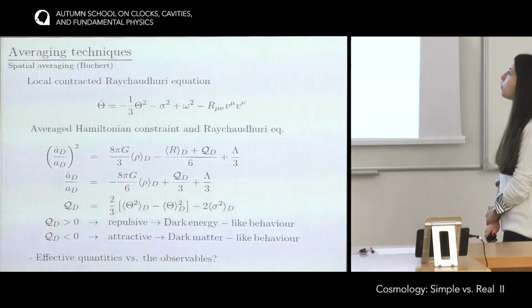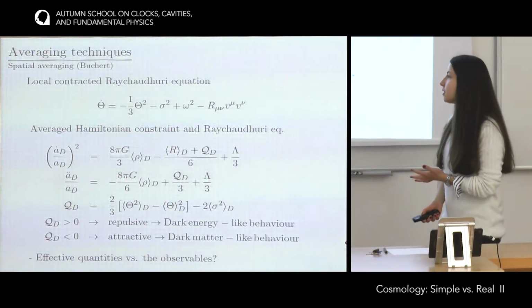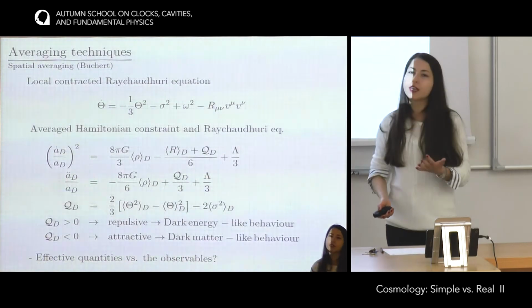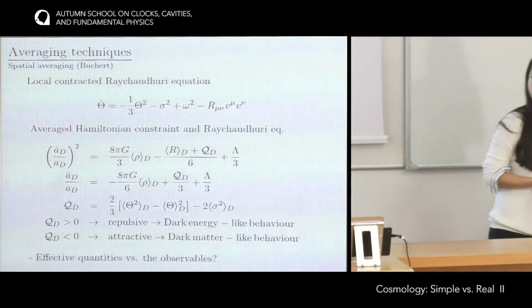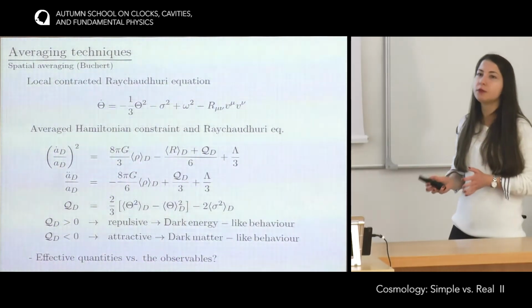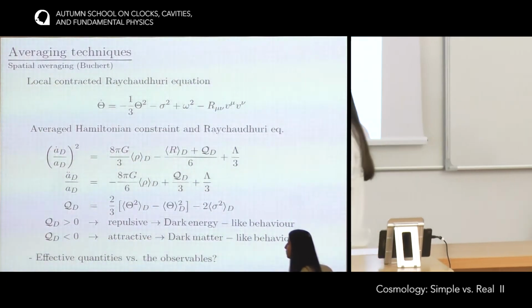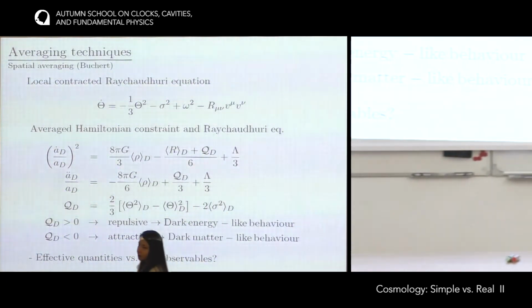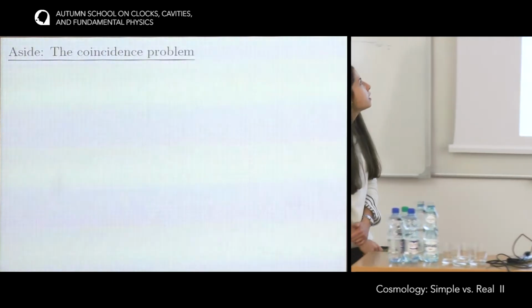So the question with these kinds of constructions is whether the effective quantities you get via this averaging procedure are the ones you directly observe. This is a bit tricky in different situations. This should be the question on your mind if you go into the field.